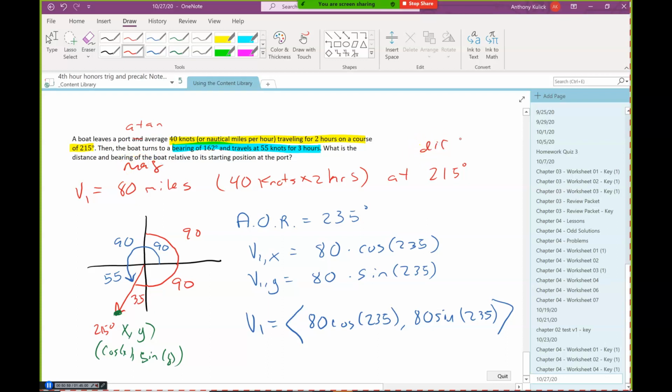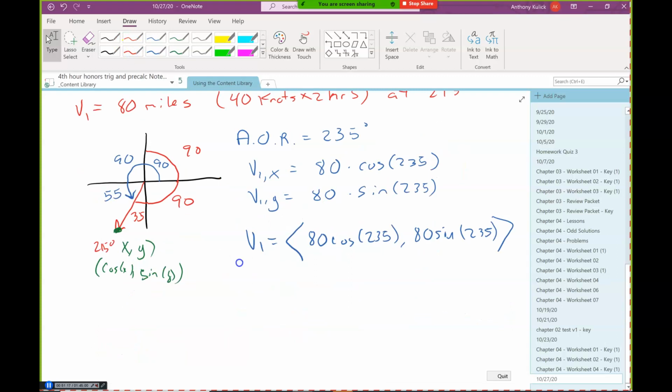Vector 2 has a magnitude of 165. That's the 55 knots times 3 hours. And its bearing is 162. So I'm going to do the same thing and draw my bearing. 162 degrees is down here.